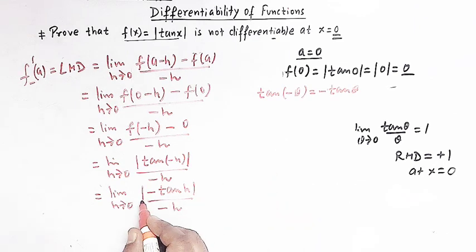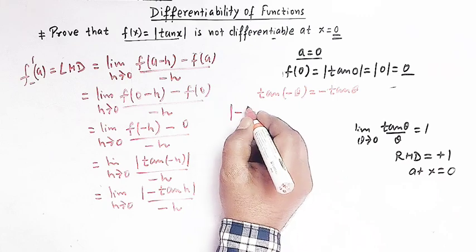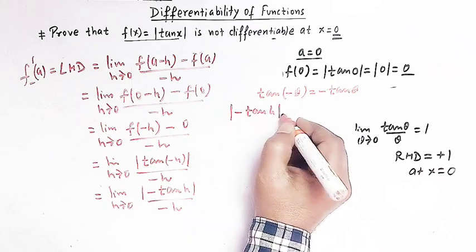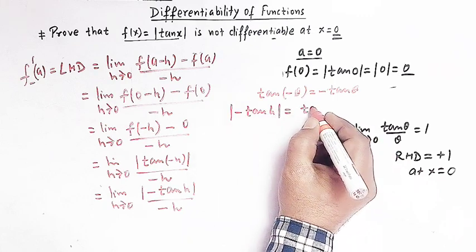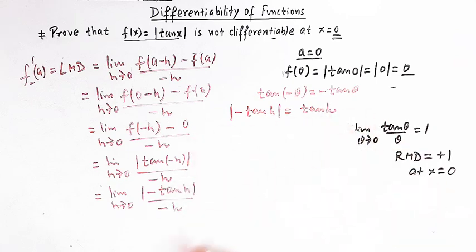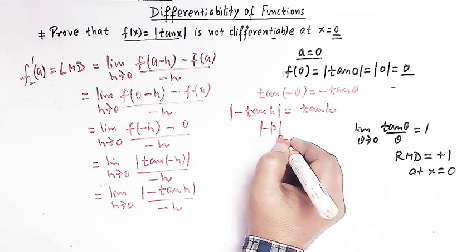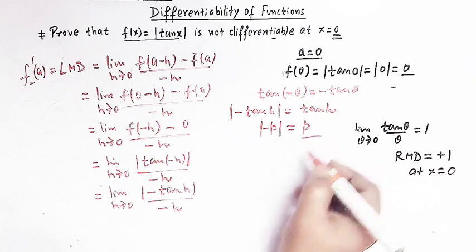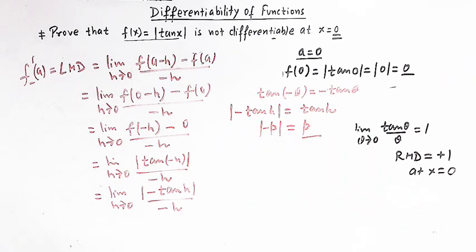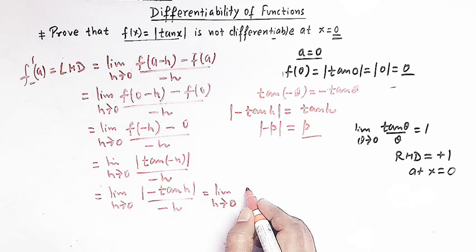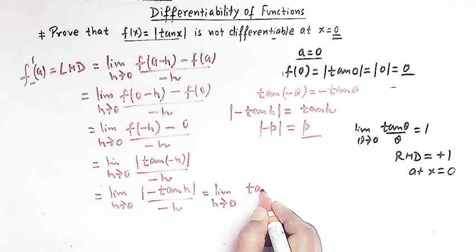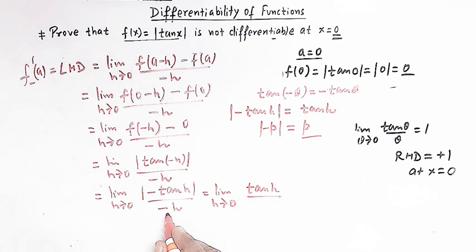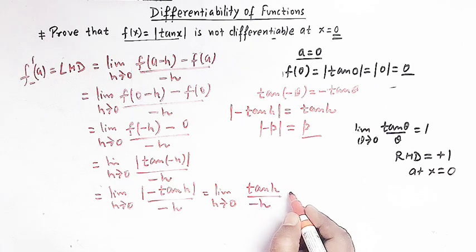Now the value of mod of minus tan h is simply tan h by properties of a mod function, because mod of minus p is equal to p. So now we write limit h tends to 0, simply tan h, and in the denominator we have minus h.